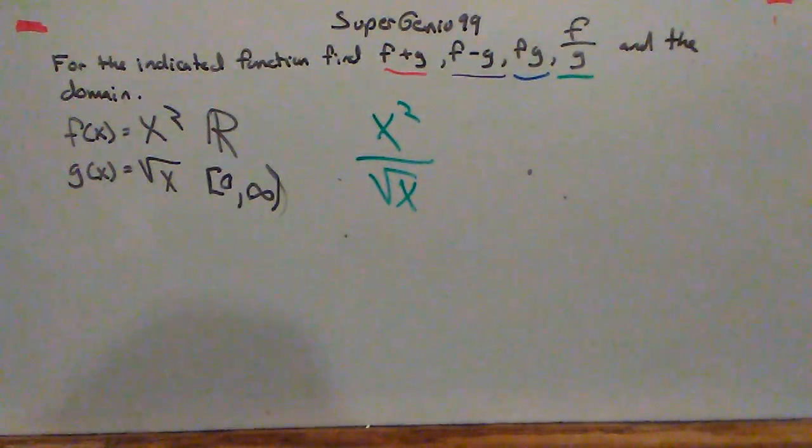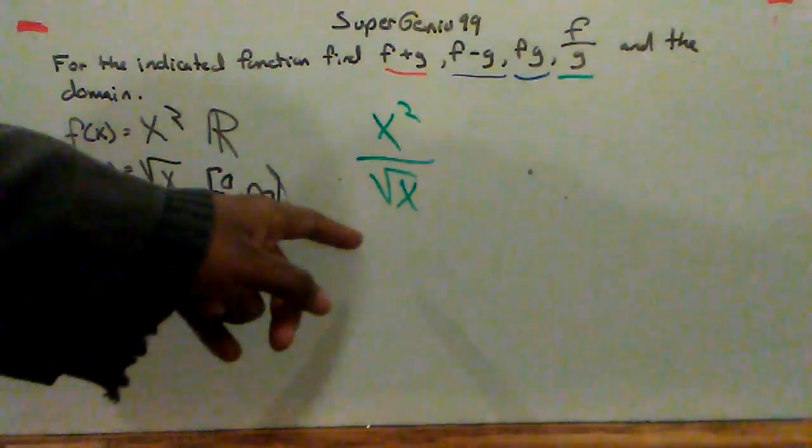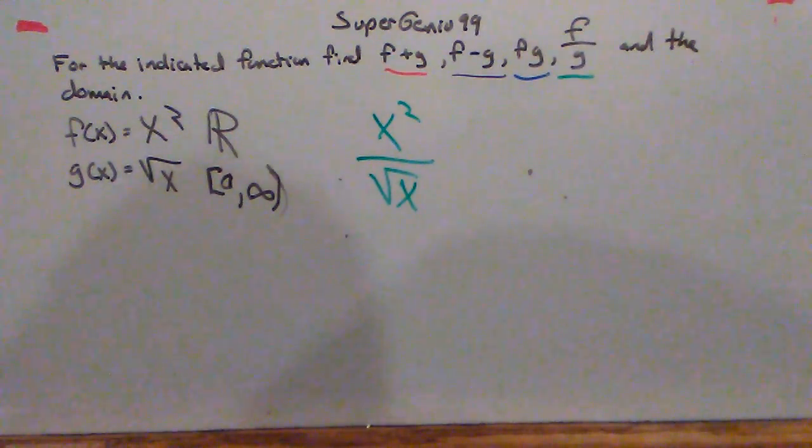Okay, so here once again we can't have a 0 in the denominator, and we can't have a negative. So here x has to be what? Yeah, x has to be positive.